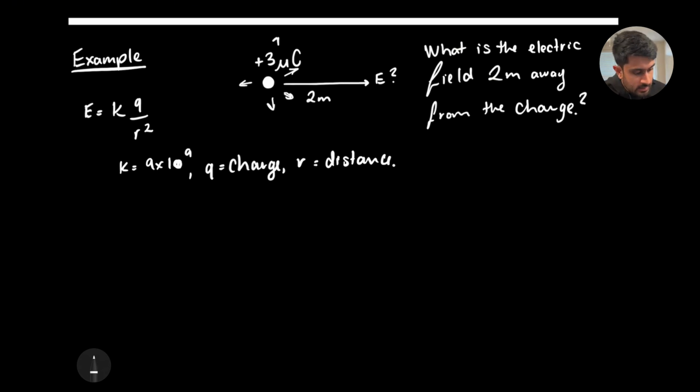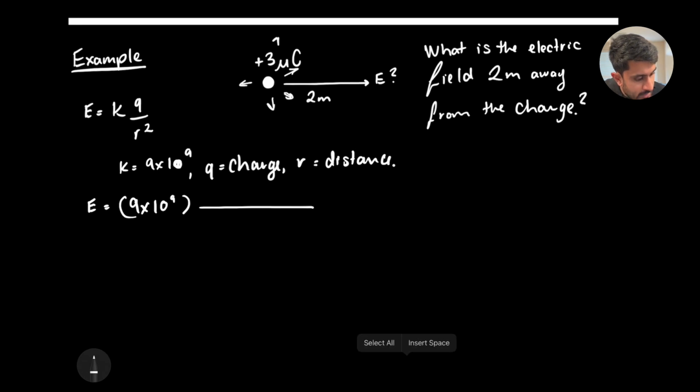So E is going to be 9 times 10 to the 9th multiplied by Q, which in this case is +3 microcoulombs, over r, which is 2 meters.